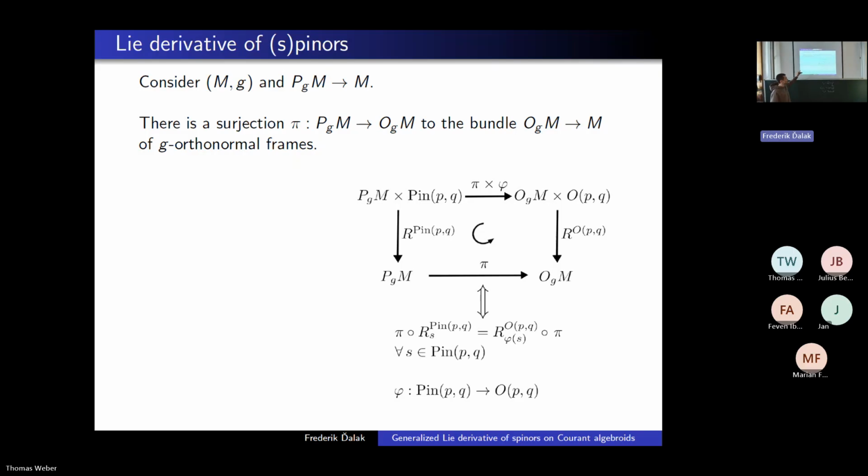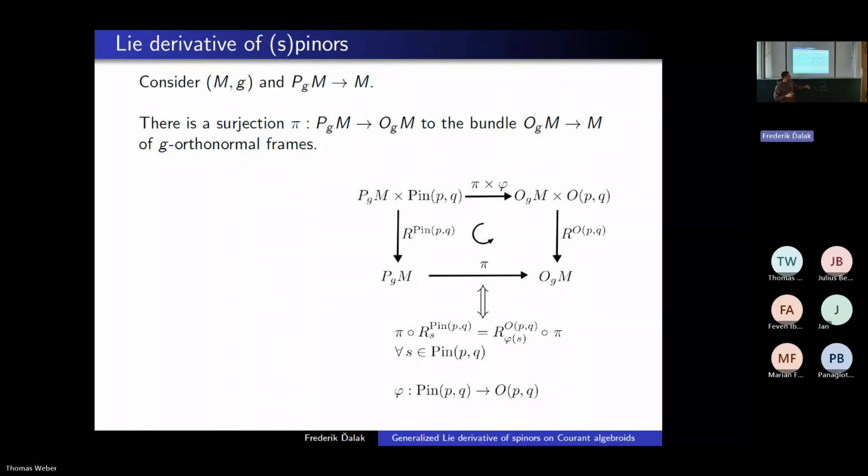Every definition of a pin bundle over a manifold comes with a surjective map from the total space of the pin bundle to the total space of the bundle of orthonormal frames over the manifold for that particular metric G. This surjection is also compatible with the right actions on the two principal bundles, which is expressed in this diagram, where the map phi is just the double cover of the orthonormal group by the pin group.